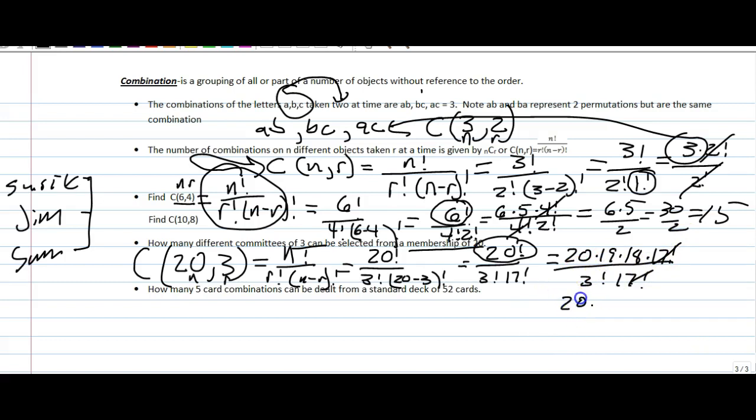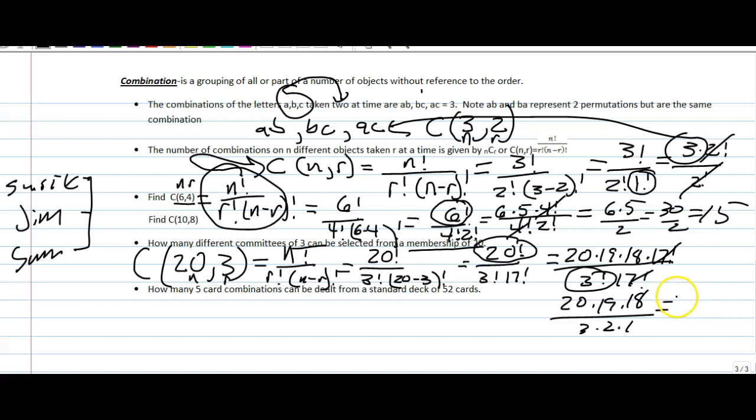So I have 20 times 19 times 18, and I've got to simplify 3 factorial, so that's 3 times 2 times 1. So I'll multiply 20 times 19 times 18, and then I divide that by 3 times 2 times 1, which is 6.